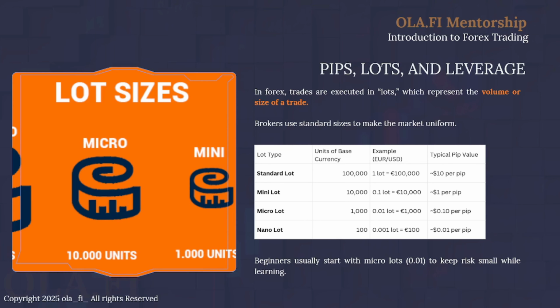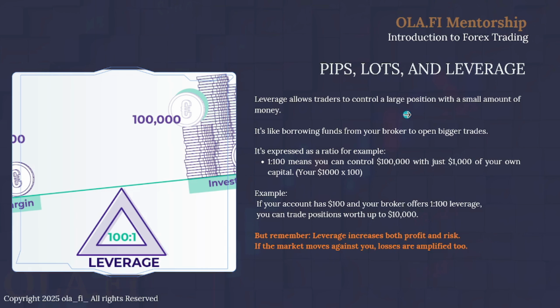Repetition is very key. Leverage allows traders to control large positions with a small amount of money, which is where I go back to the question: where do I see $100,000 to trade when I just have $100? That is where leverage comes into play. You don't necessarily need $100,000 to place a standard lot.